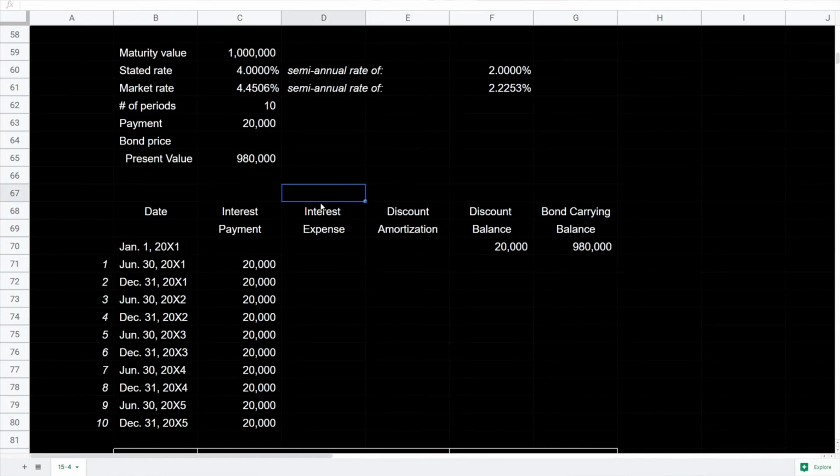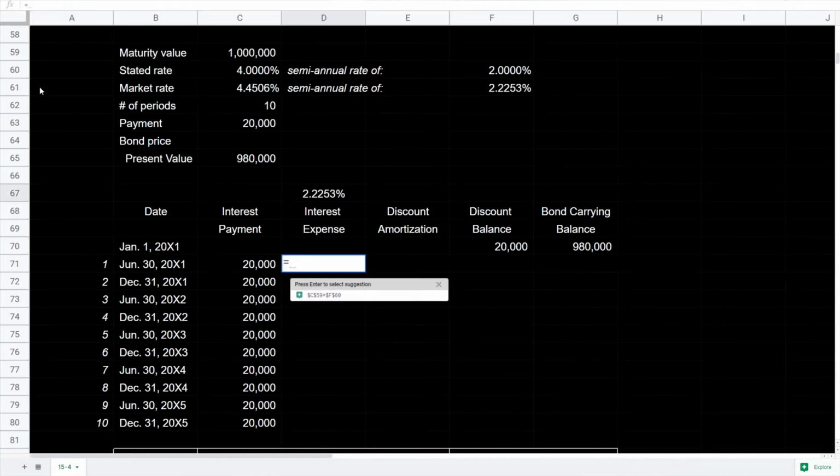We know that the interest expense that gave rise to the discount is the market rate of interest. 4.4506% was different from the stated rate at the time. Semi-annually, the market rate of interest is 2.2253%. We're going to use that rate in our calculations.